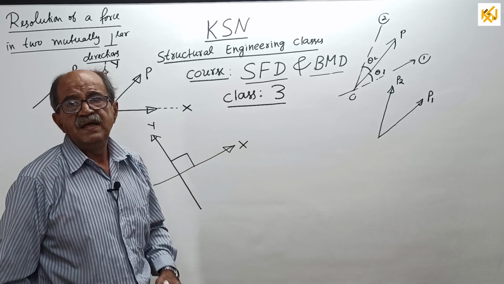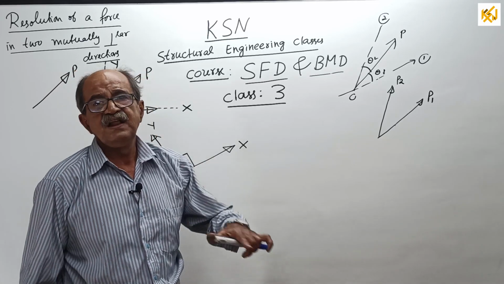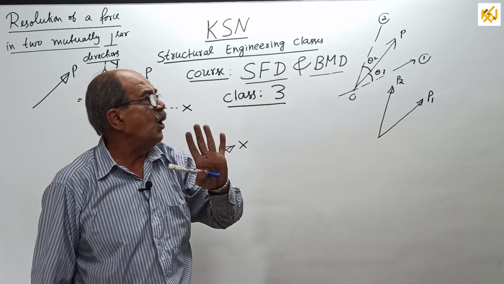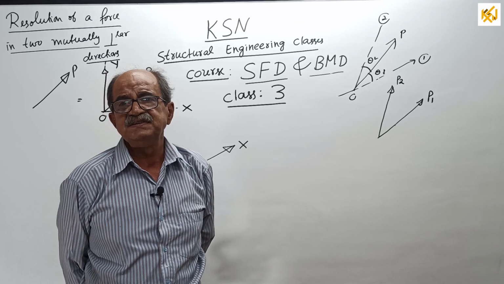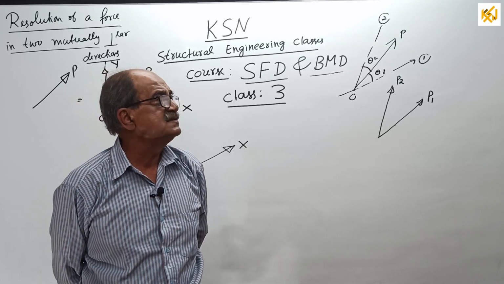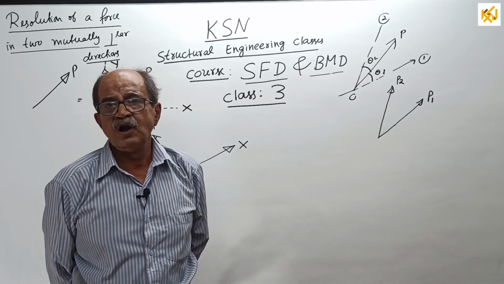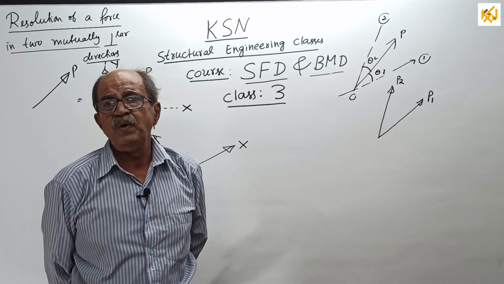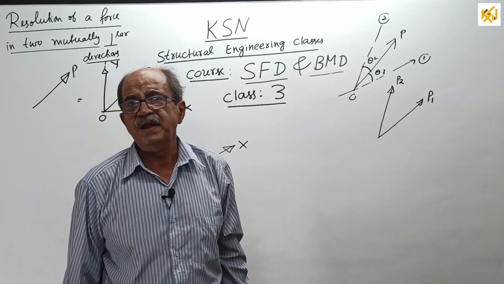This you require in some friction problems where you consider inclined planes, or in the chapter on principal stresses in strength of materials where you find stresses on oblique planes. You also require it in arches to get radial shear and normal thrust, and sometimes for curved members or inclined members.